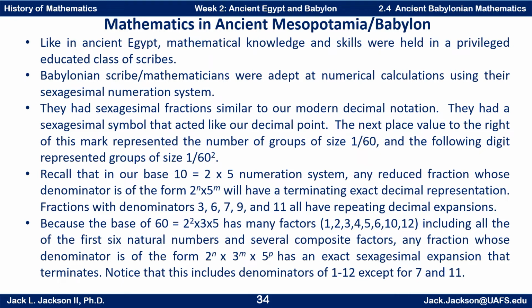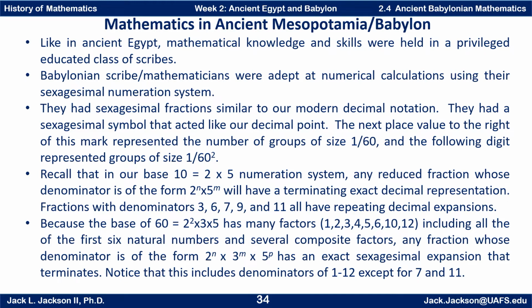But also they had something like our decimals, where to the right of the sexagesimal mark, they had a place for 1/60th, and then another one for 1/60th squared, and the next one for 1/60th cubed, and so forth. So they could represent fractions very well and use them adeptly in computations in a much more sophisticated and less cumbersome way than the Egyptians did. In some ways it's similar to the way we use decimals today.